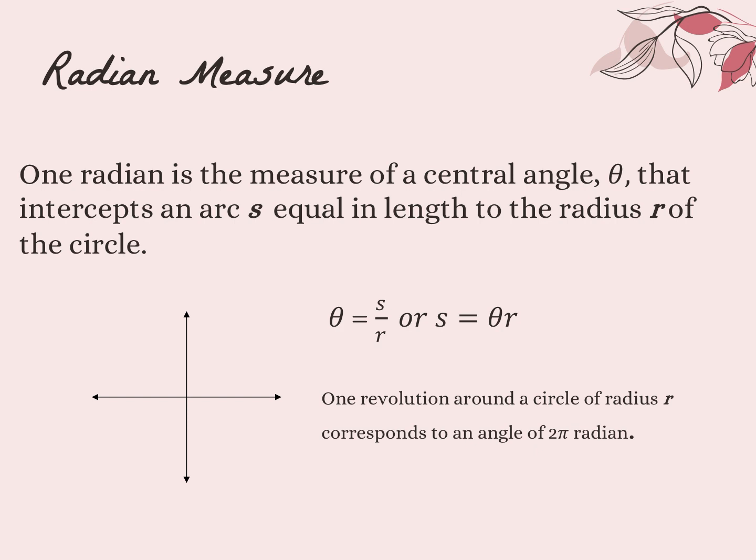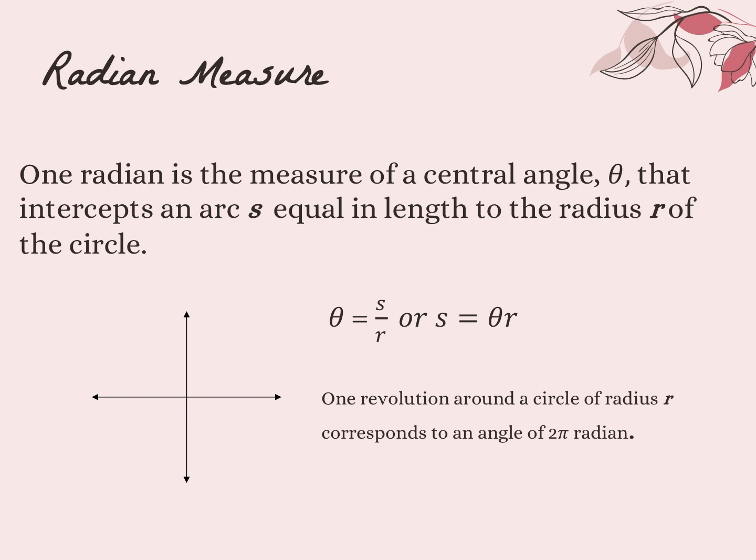One radian is the measure of a central angle theta that intercepts an arc s equal in length to the radius r of the circle. So in this case, theta represents the angle, and it's going to be the arc length divided by the radius, or in other words, arc length is theta times radius.